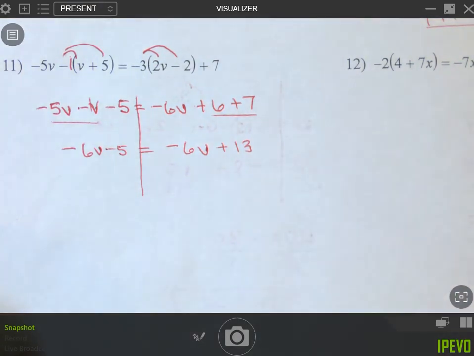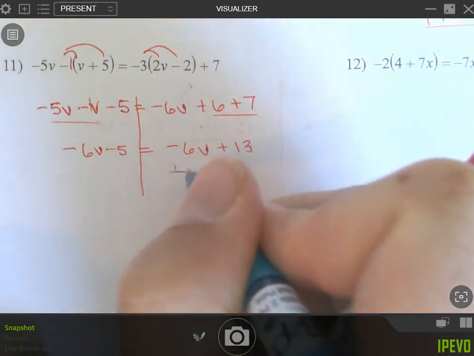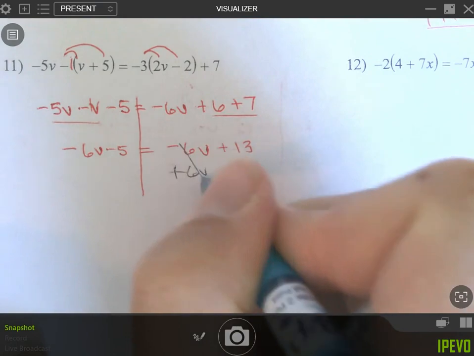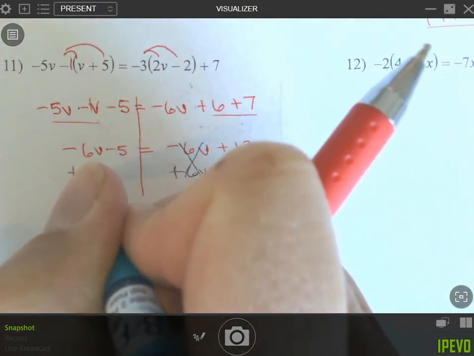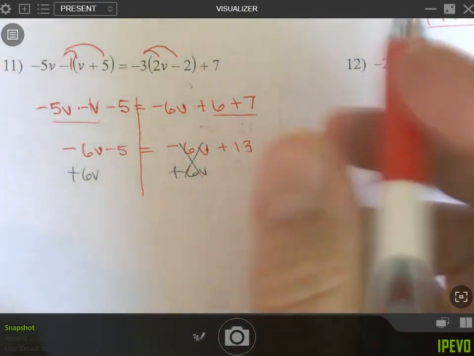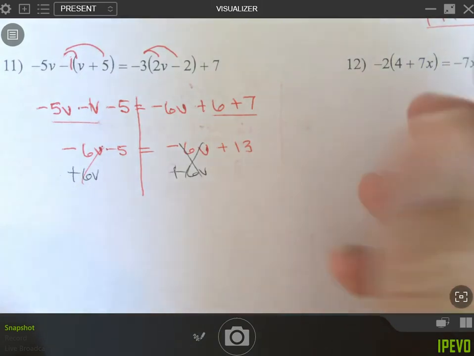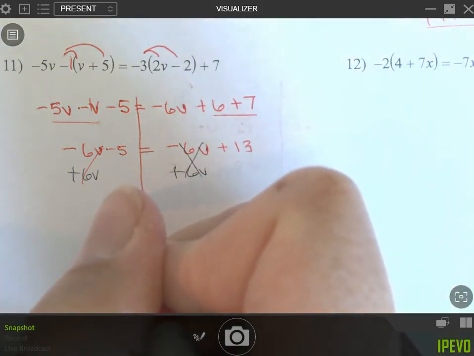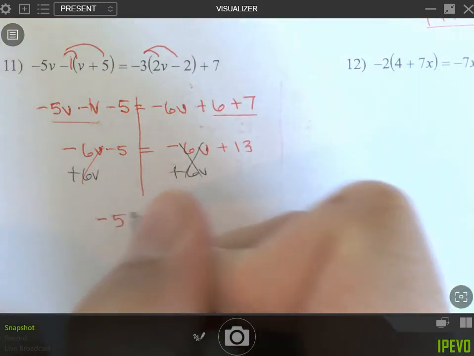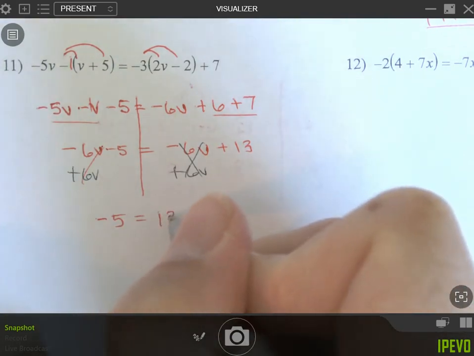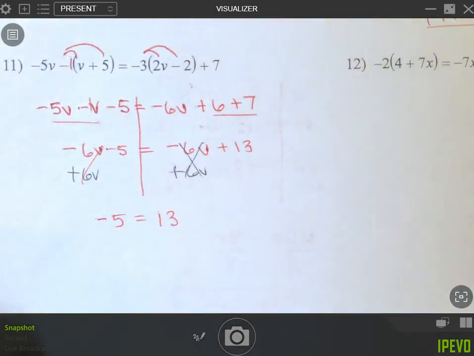Now, your call, like I said, I normally move the variable first. To me, it's just the habit. So if I'm moving the variable first and I go to add 6v to cancel it from this right side, what ends up happening with my variable? It cancels. Yeah, so I end up with not a v, but 0 there, and I get negative 5 equals 13. Okay, my v disappeared.